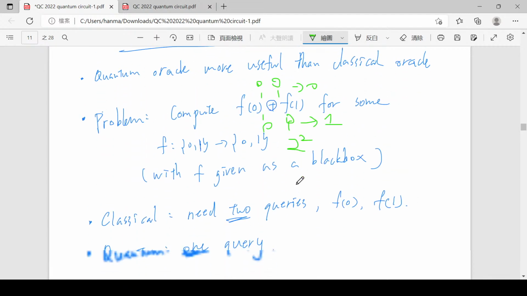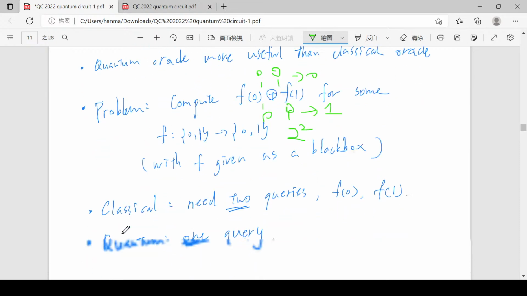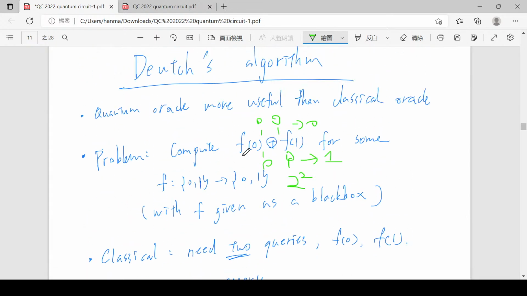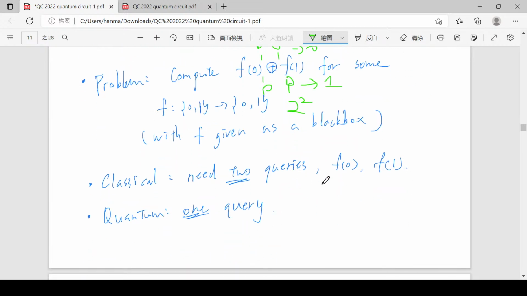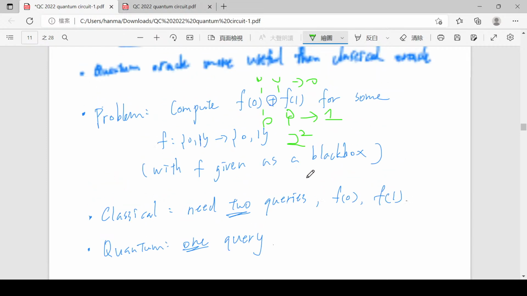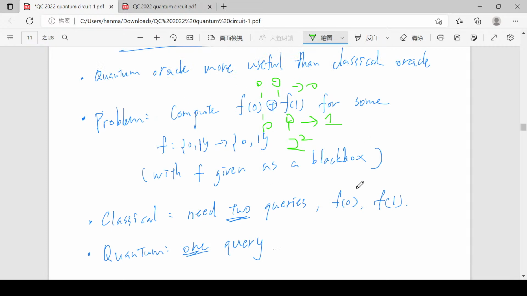So how many queries do you need to put in your classical algorithm to compute this f of 0 and f of 1? Well, you need 2 queries, and the proof is kind of easy. You just list all the cases. There are not many things you can do here in a classical algorithm. You can look up f of 0 or f of 1, but obviously if you only look up one of them, it's not enough to determine this ⊕ thing, whichever you look up.